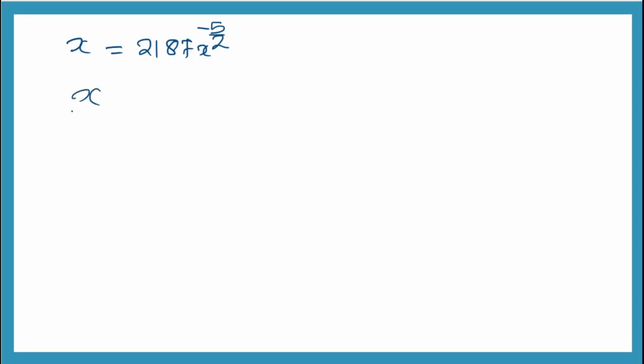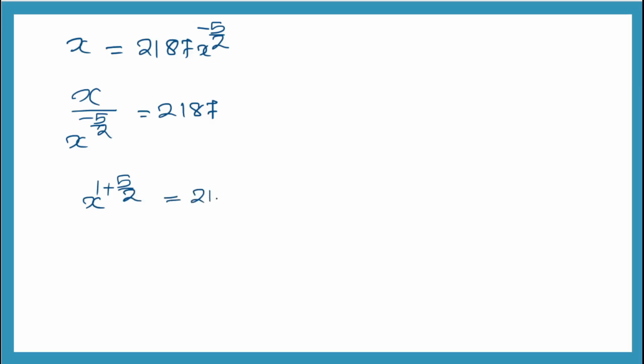which implies x by x to the power minus 5 by 2 equals 2187. Now x to the power 1 minus minus 5 by 2 is x to the power 1 plus 5 by 2.